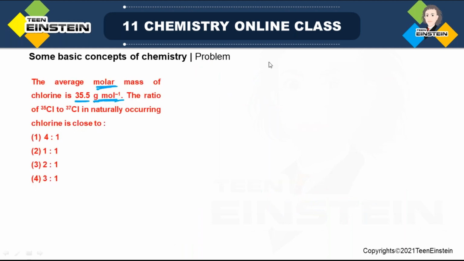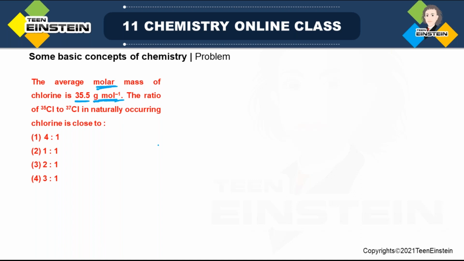But now we are saying average molar mass. Remember, it is just the difference in unit. When it is AMU, you are considering one particular atom. But when you are considering average molar mass, you are considering 1 mole of that atom, that means 6.023 × 10^23 atoms. So the unit is different, but the numerical value is the same.